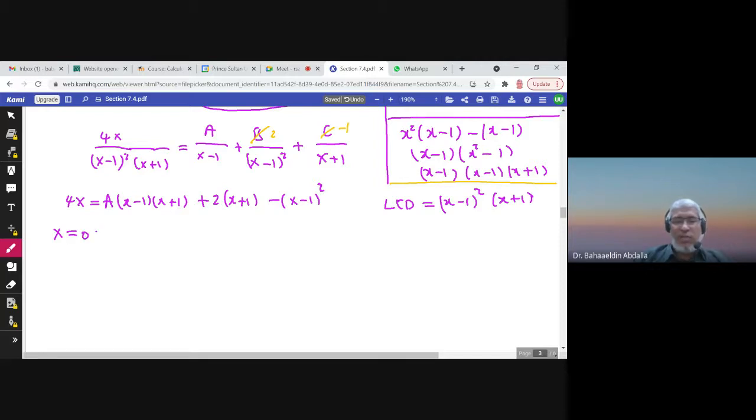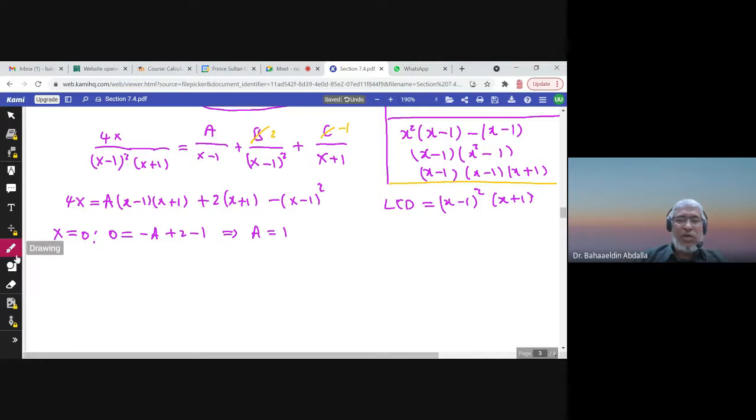If I put 0, 4 times 0 is 0, the left-hand side is 0. 0 minus 1, -1, 0 plus 1, 1, so negative a. 0 plus 1, 1 times 2, so that's 2. 0 minus 1, -1 squared is 1, so minus 1. So I can take a to the other side, and I have 2 minus 1, which is 1. So a is 1. I have a easily.